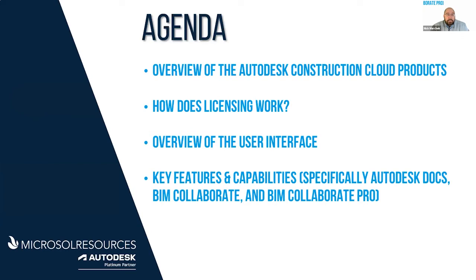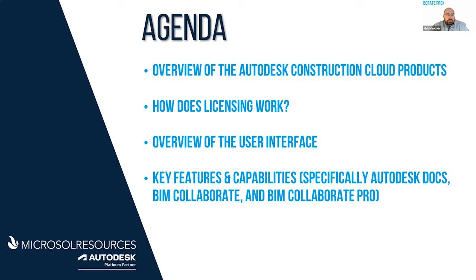What I want to do is give you a general overview of the products in the ACC, which is the abbreviation for the Autodesk Construction Cloud. Then I'll briefly review how licensing works with these products. That's been known to cause some confusion, so I always like to cover that. I'll review the user interface of the new unified platform with you.